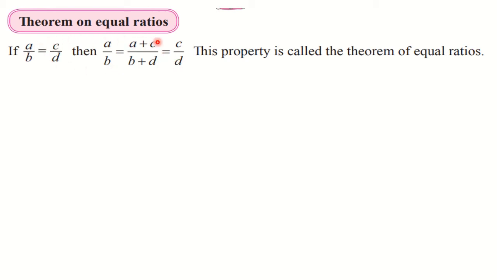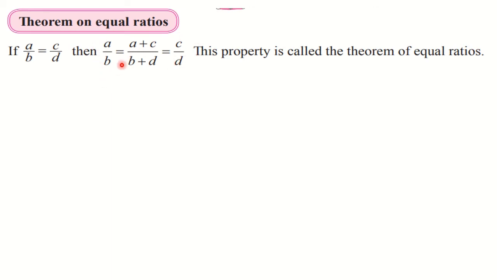What is theorem on equal ratios? Now what this theorem states is, if A upon B is equal to C upon D, that means we have taken only two ratios. In that case, if we add the numerators in the numerator and if we add the denominators in the denominator, then this ratio is same as the original ratios.